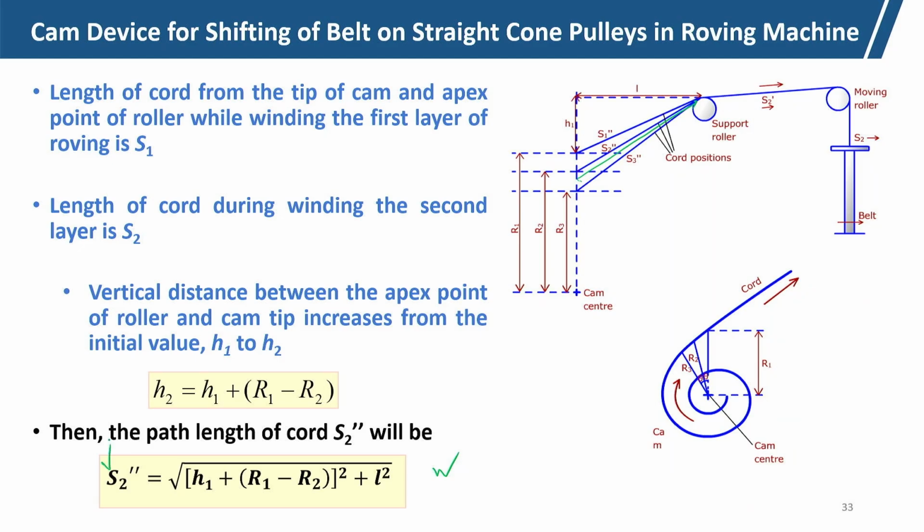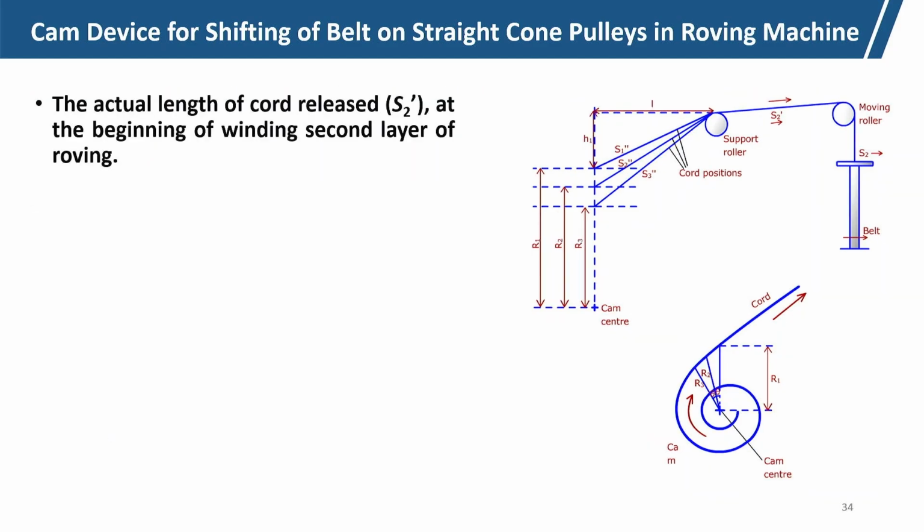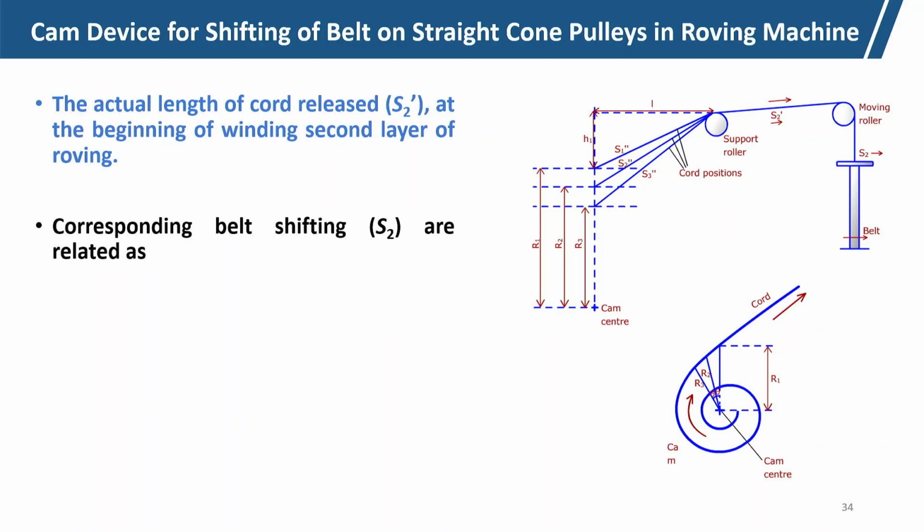So, the actual length of the cord released, S2 dash, at the beginning of winding the second layer of roving, which corresponds to the belt shift S2, are related as this one.